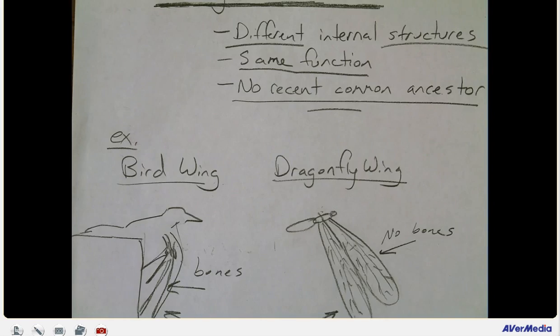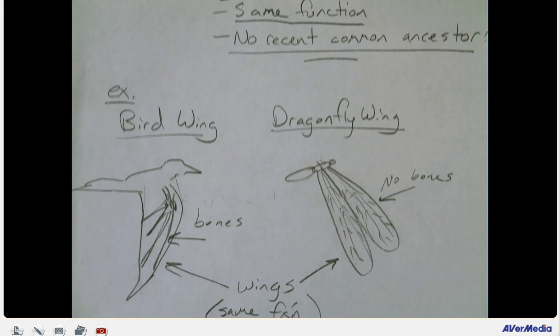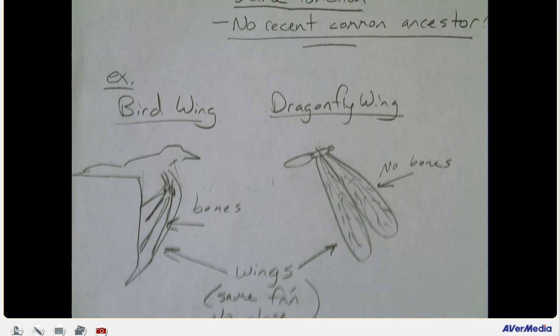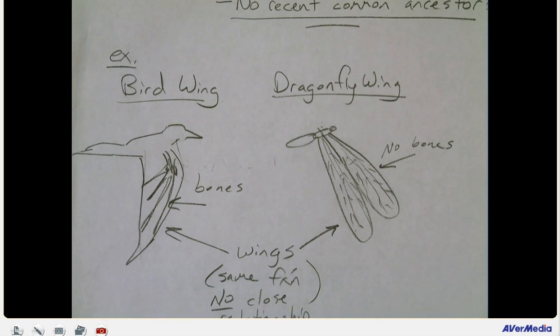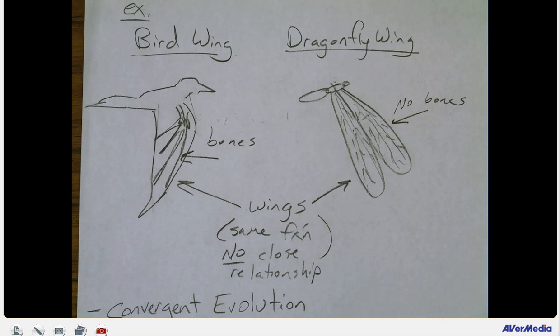The example I just used was bird wings and dragonfly wings. Bones in bird wings, no bones in dragonfly wings. Even if they did have bones, if they weren't the same bone arrangement, they would still be analogous. They have the same function, but no close relationship from an evolutionary standpoint.